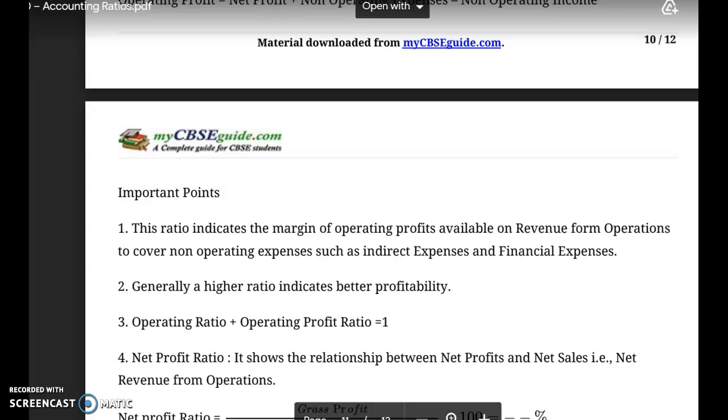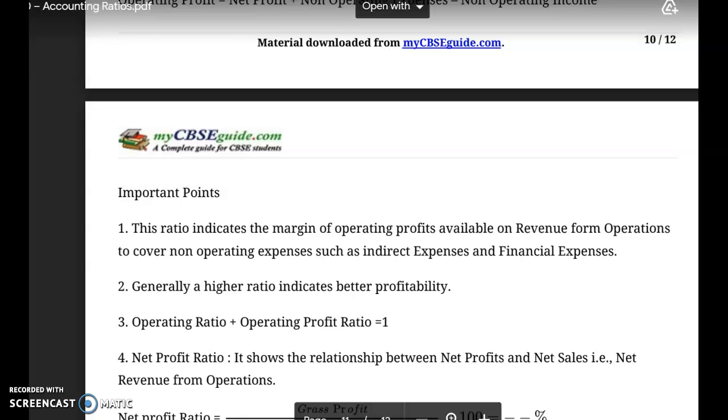Now, an important point relating to the operating profit ratio is that this ratio indicates the margin of operating profit available on revenue from operations to cover non-operating expenses such as indirect expenses and financial expenses. Generally, a higher ratio indicates better profitability. The higher the ratio, the sounder the profitability.